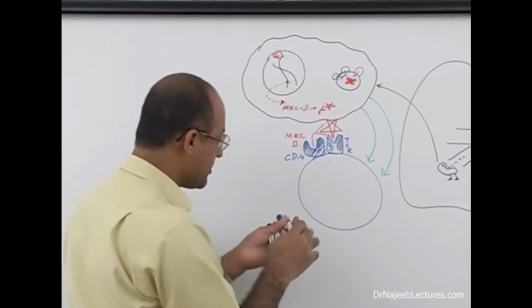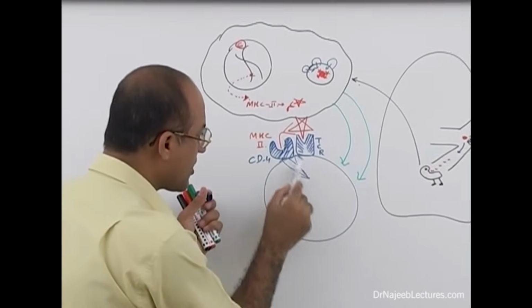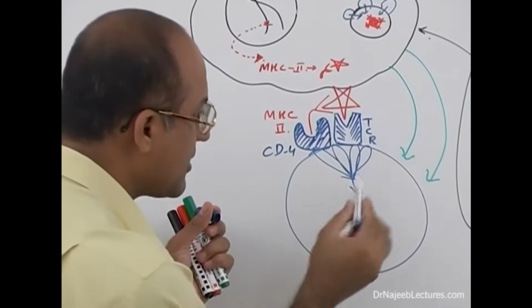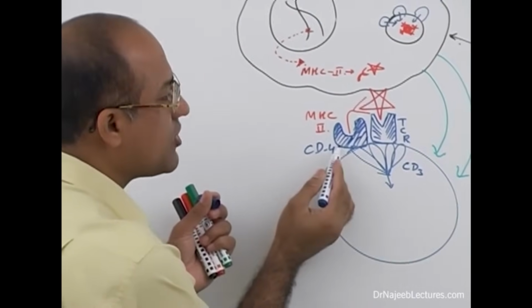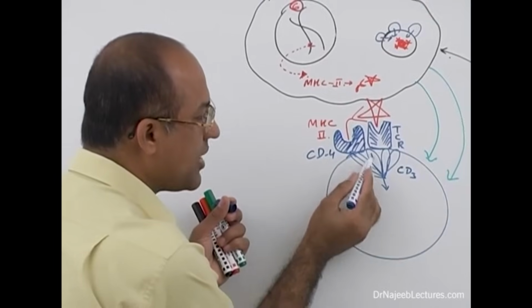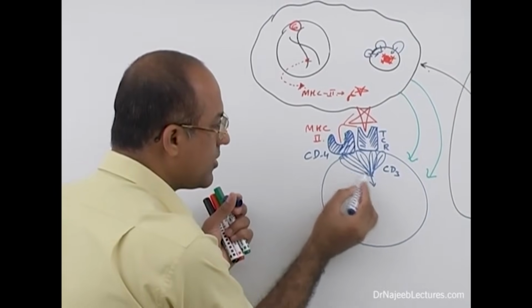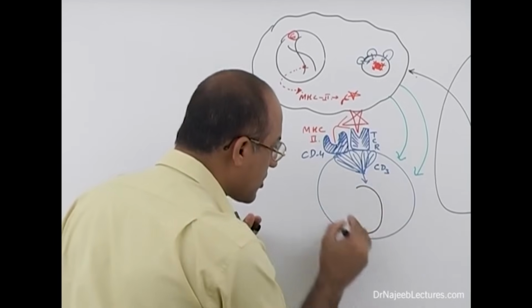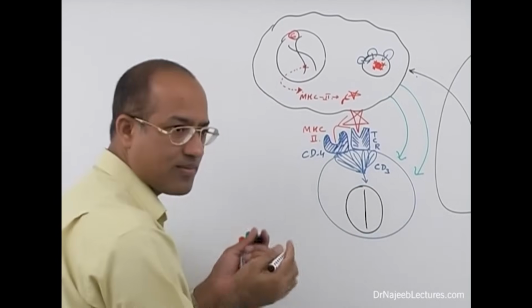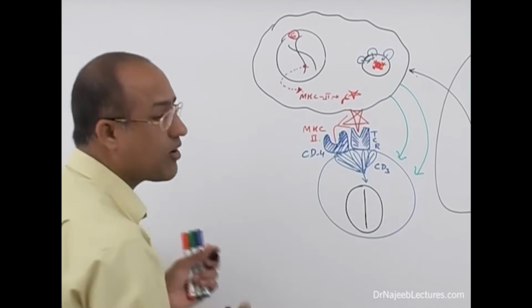But what really happens is that this T cell is activated. Of course, this molecule is CD3. So when TCR and CD4 are stimulated, they stimulate which molecule? CD3. The CD3 will give a message to this lymphocyte's nucleus, and its nuclear machinery will be activated.